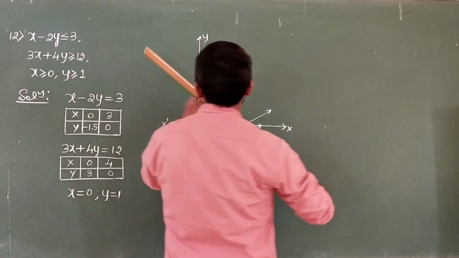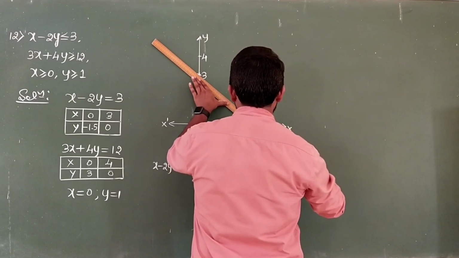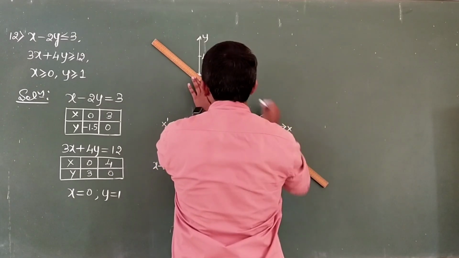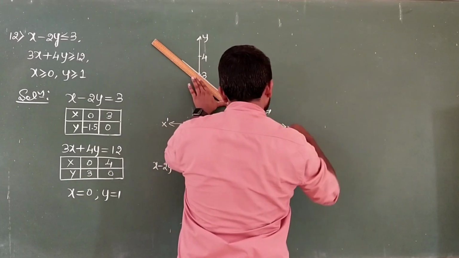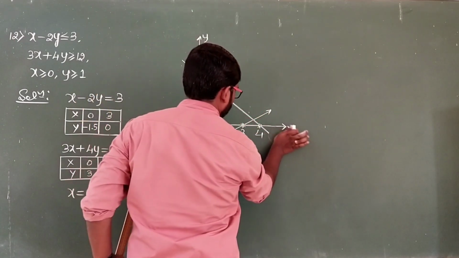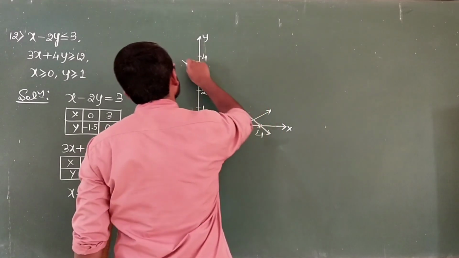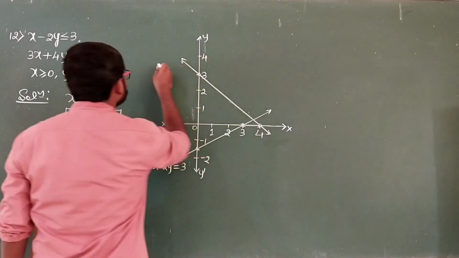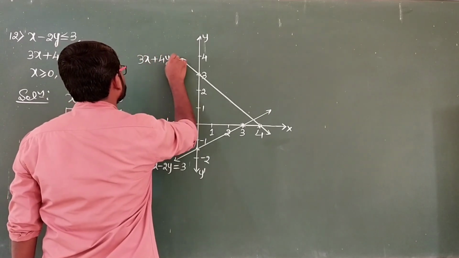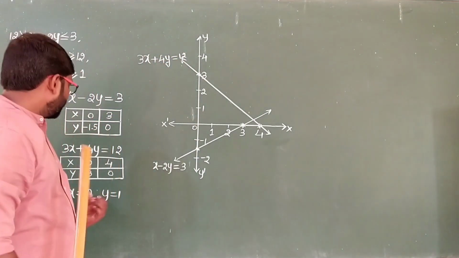Join these two. Put the arrow mark on both the sides and write the equation of the line, 3x plus 4y equals 12. So now next, x equal to 0.